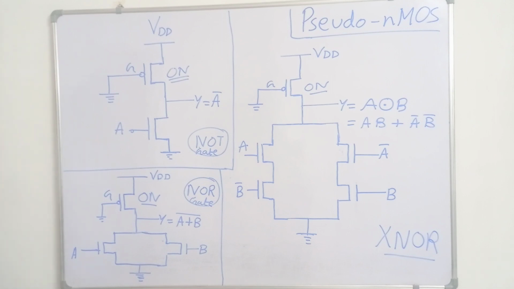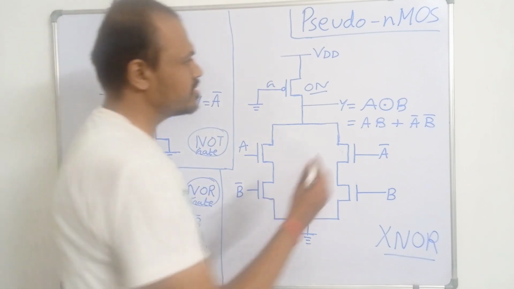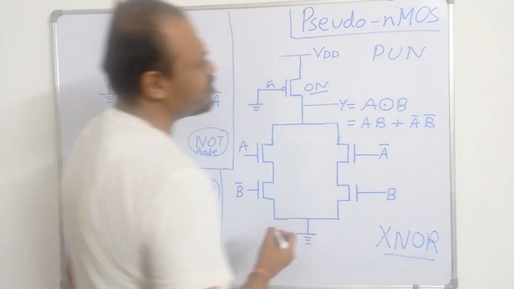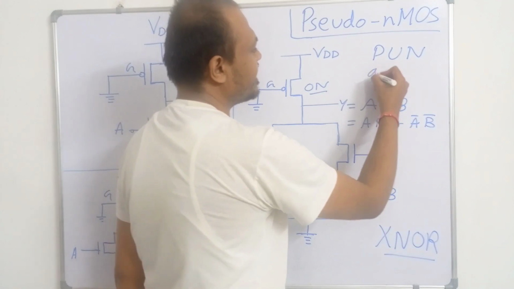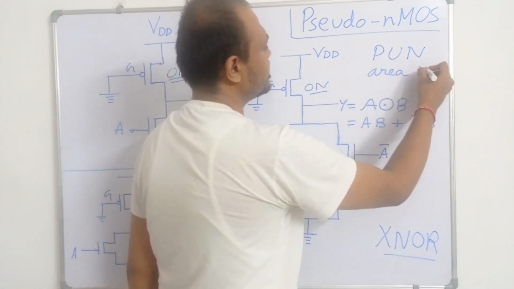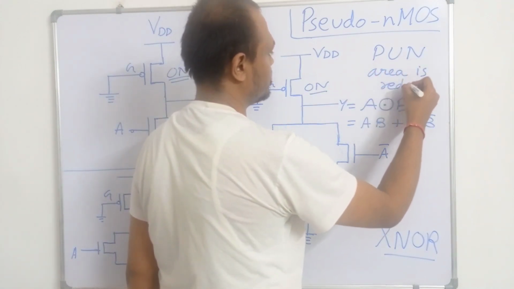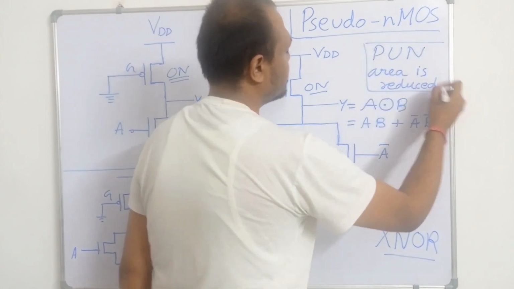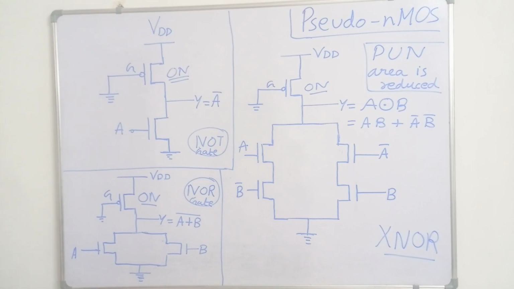The area of the pull-up network is reduced. PUN is called the pull-up network. So the pull-up network area is reduced using pseudo NMOS when compared to traditional CMOS design.